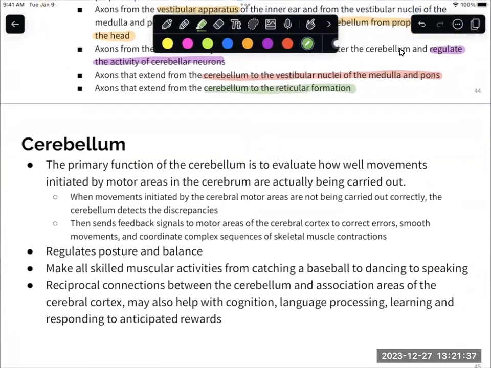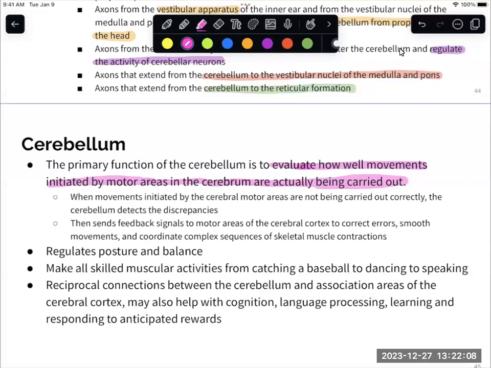The cerebellum is going to evaluate how well movements by that motor area in the cerebrum are actually being carried out. So your cerebrum puts together this movement plan for you. This information goes out to your skeletal muscles to allow your skeletal muscles to contract in a certain order.